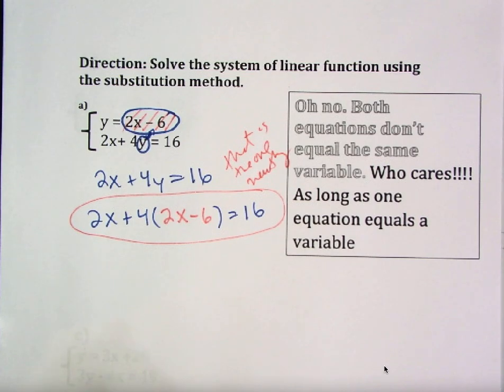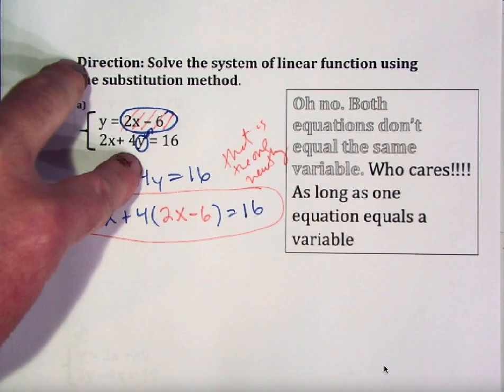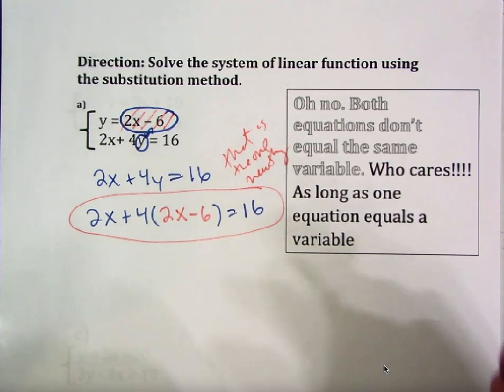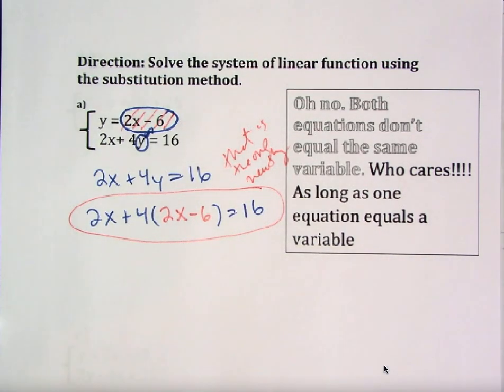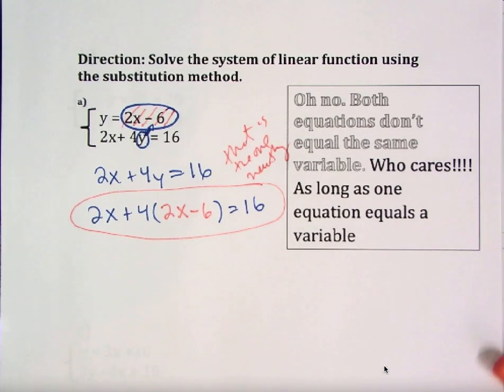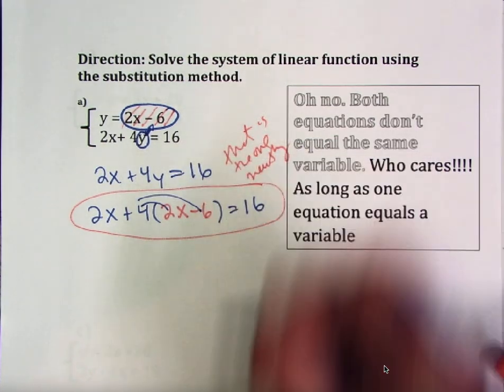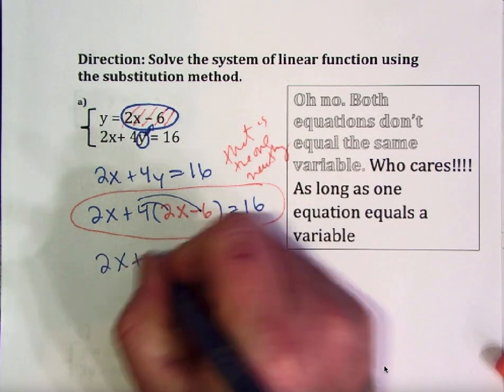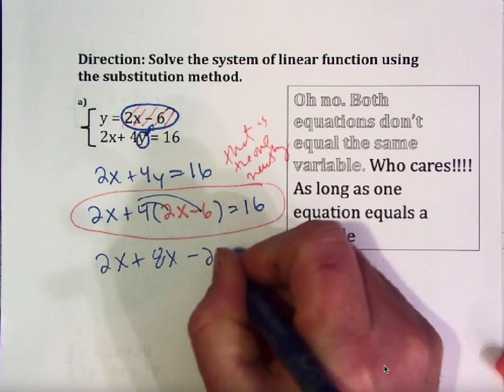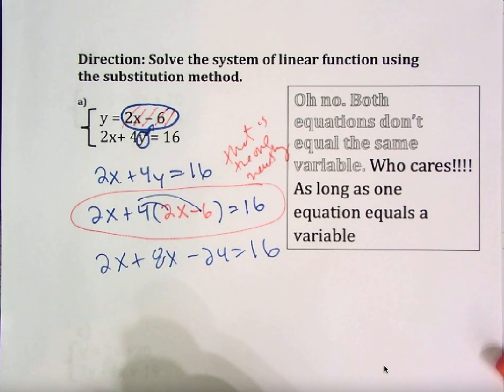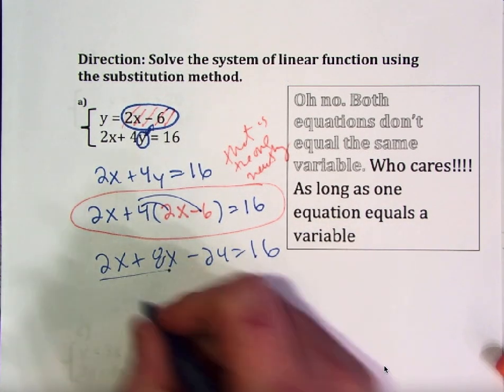We can substitute a part of one equation into another equation. That's kind of brand new. But everything I'm about to do next is not new. We now can solve this for x. You can distribute, which you learned already how to do. We know that we can combine like terms.